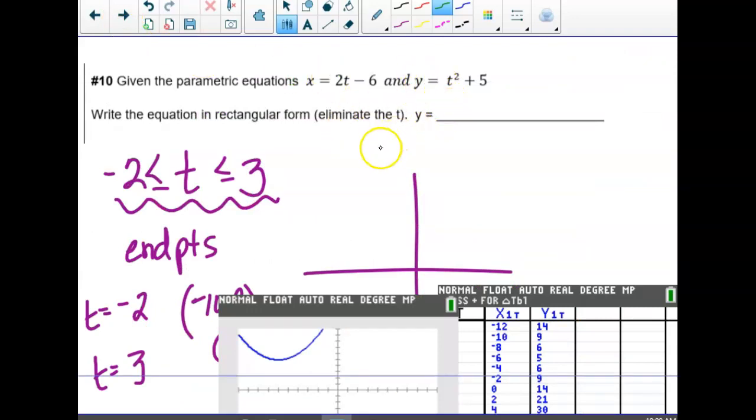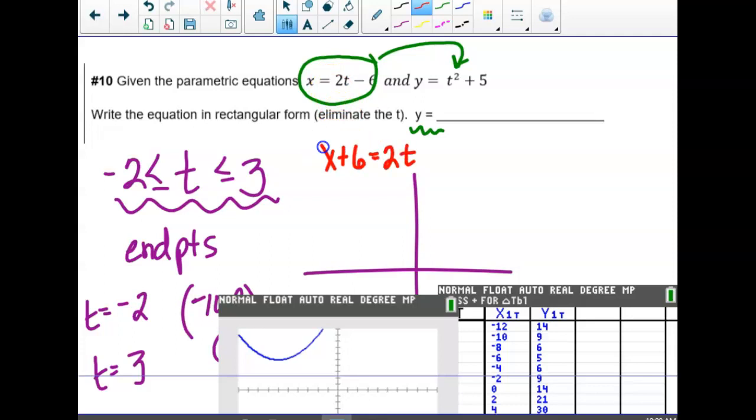But how do we eliminate the t? It says put y equals, so what would we do to this so that we can substitute in here and have no more t? Do you remember this? What do we have to do there? To get the t by itself, what would that say? X plus 6 equals 2t, and then divide by 2, and I would just leave it.